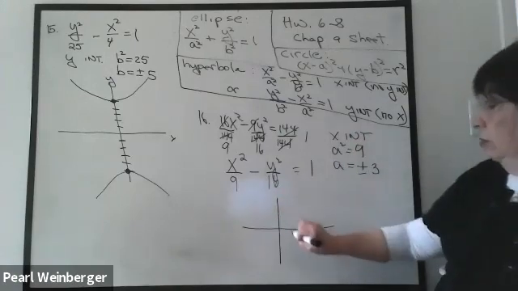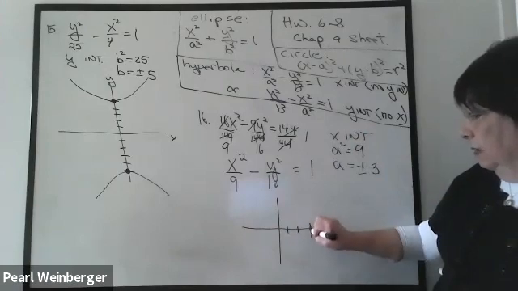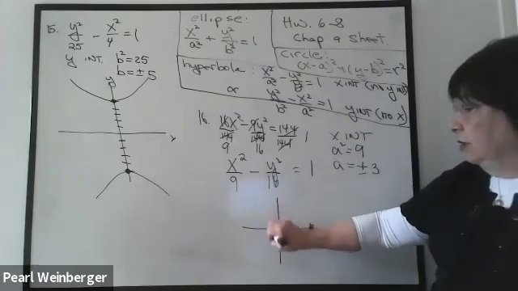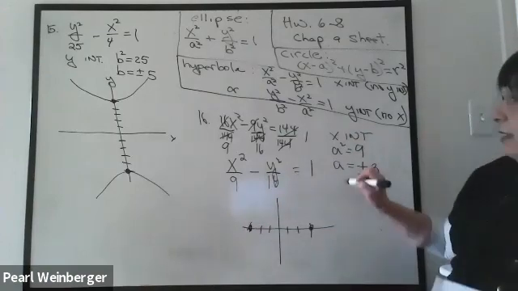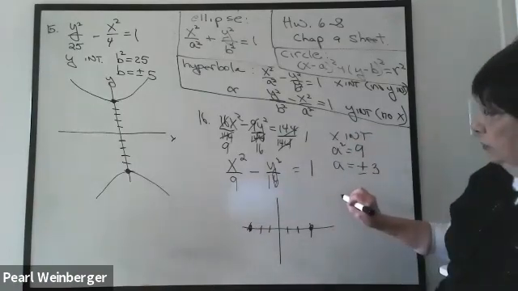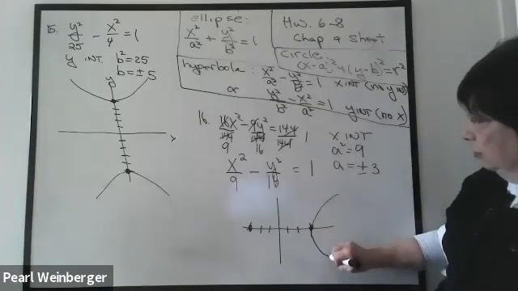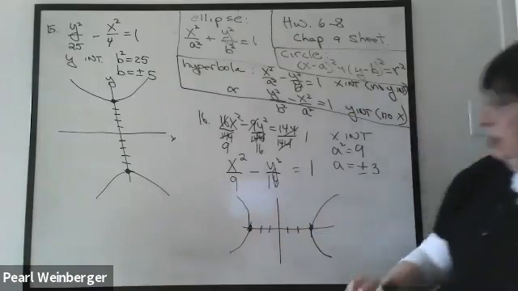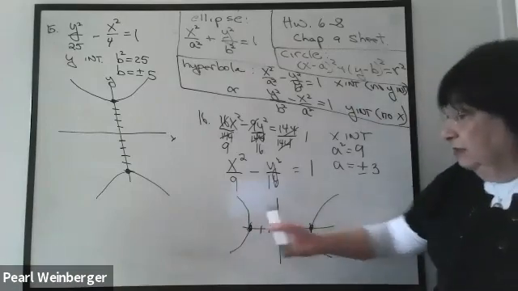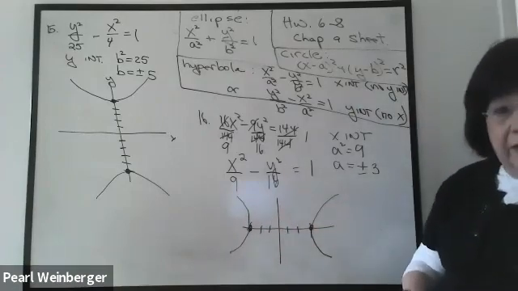And then I go 3 on the positive x, and then 3 to the left to get to the negative 3. And again, I get these U shapes facing away from each other, one this way and one that way. In other words, we have x-intercepts, but no y-intercepts.